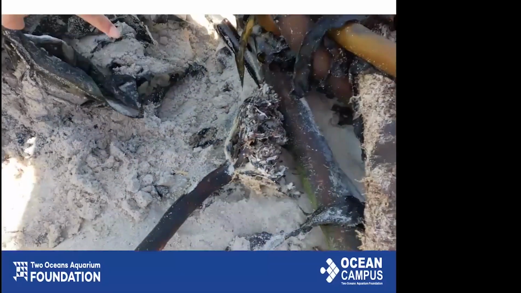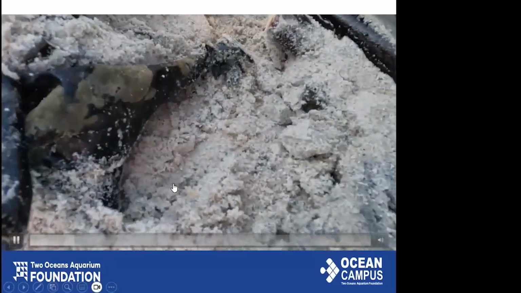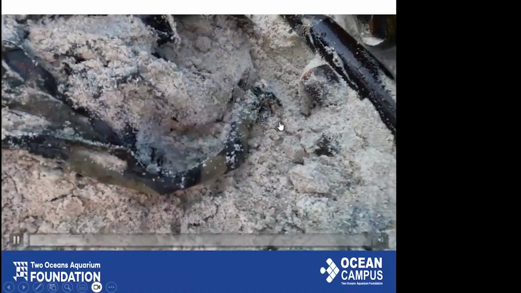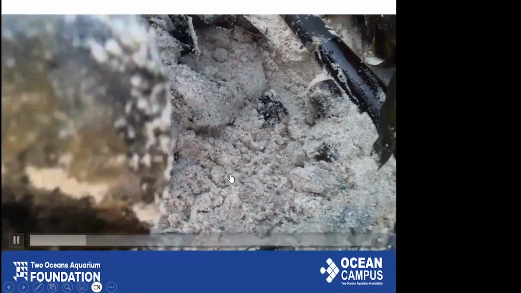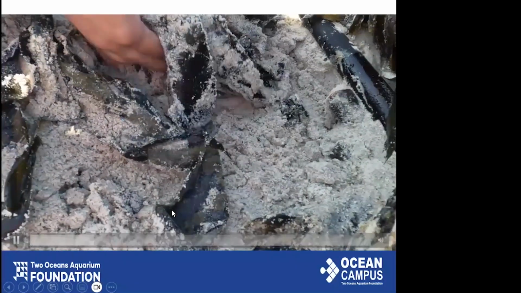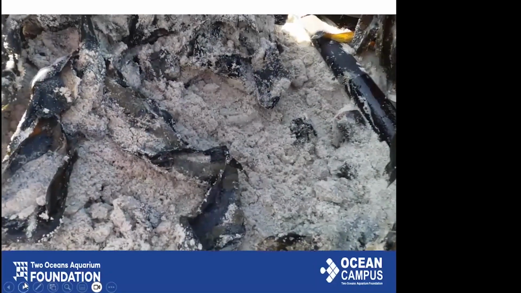and I don't know if you saw that movement, that slight movement, but that was a little animal hopping around. It's called a sandhopper or an amphipod. Okay, so this is just showing their movement.